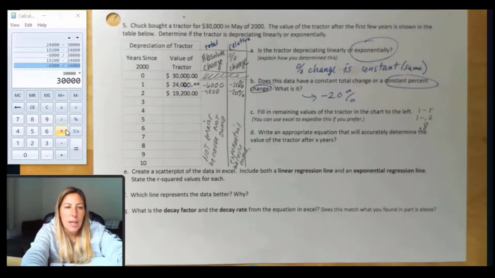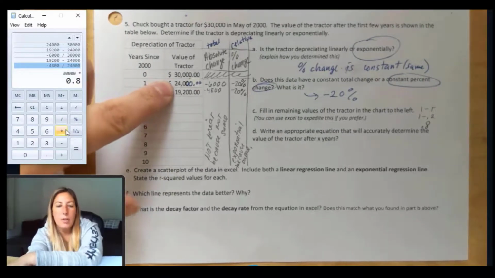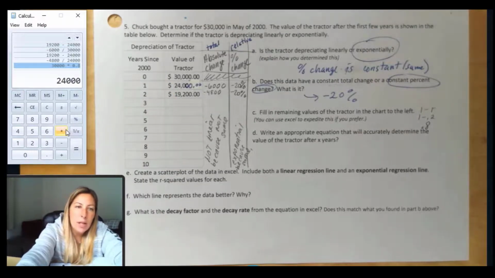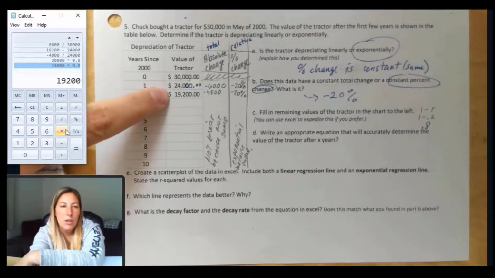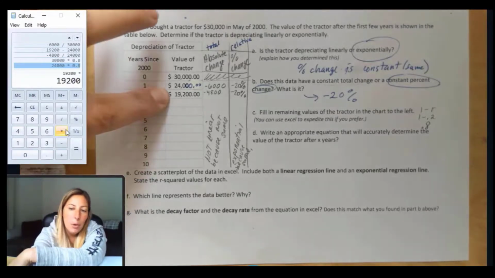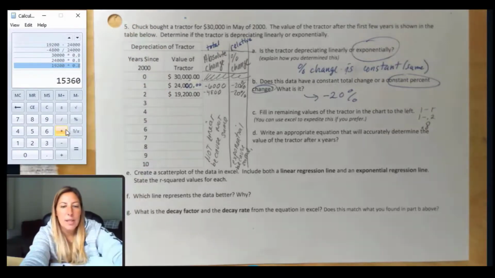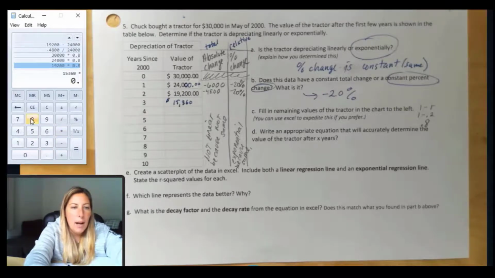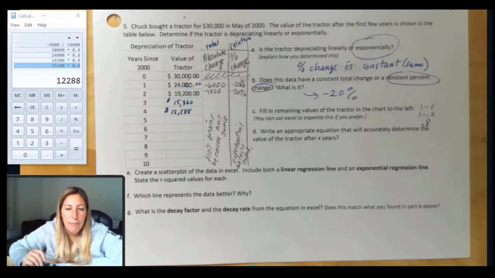So I'm going to take that 30,000, multiply it by 0.8, and I should be left with this 24,000 right here. Oh my, there it is. I'm going to take that 24,000 and multiply by 0.8, and I should be left with 19,200. Oh, this is cool. I'm going to multiply by 0.8, and I'm going to be left with 15,360. I'm going to multiply by 0.8. I'm going to be left with 12,288. Why don't you go ahead and finish that?